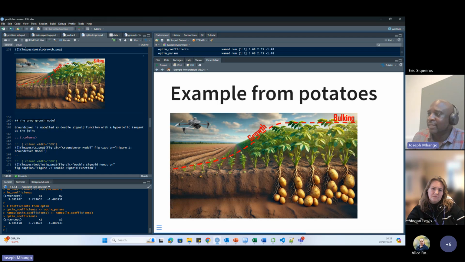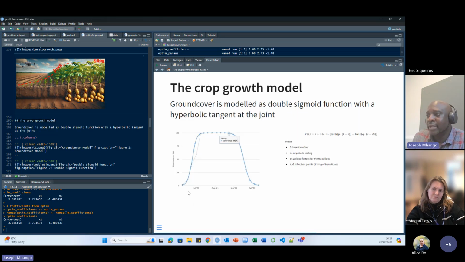But because they have to fit a sigmoid curve here, they will also need to fit another sigmoid curve at the end of the season for when the potatoes are drying. So they have to fit a growth curve and a death curve, essentially. So they have to fit two sigmoid curves to this that go the opposite directions to form some sort of complete growth curve. And that's pretty much how potatoes are modeled.